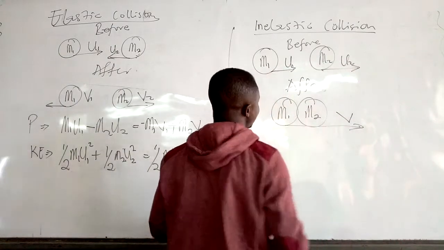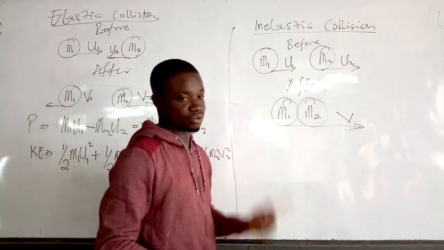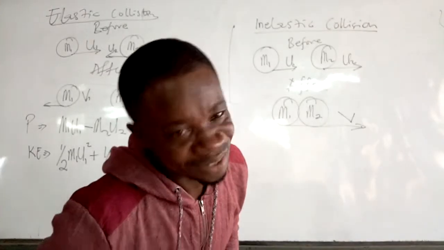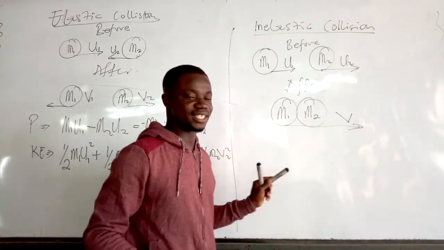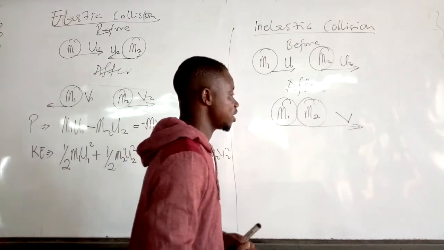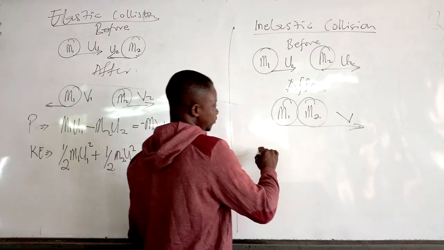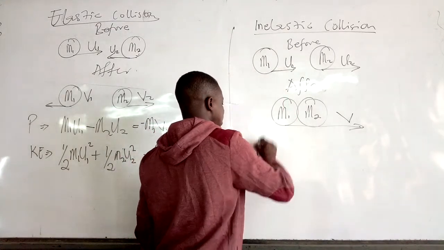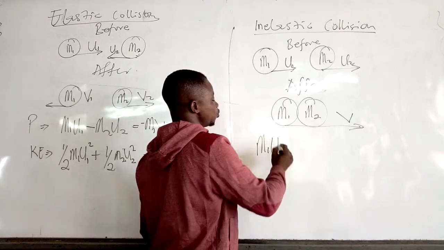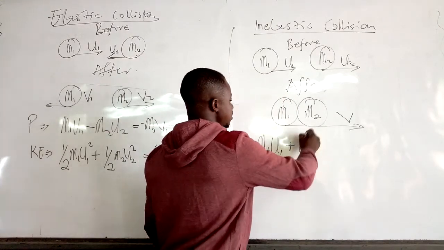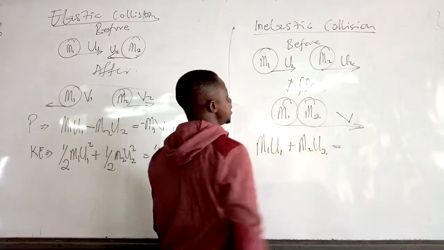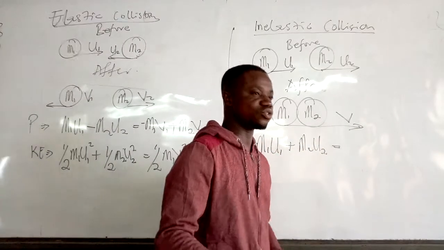So let us write the momentum conservation for this. So remember that kinetic energy is not conserved. So we wouldn't write an equation for kinetic energy. It's only momentum which is conserved. So in this case, M1 U1 for momentum conservation plus M2 U2, that is equal to, according to the momentum conservation principle.